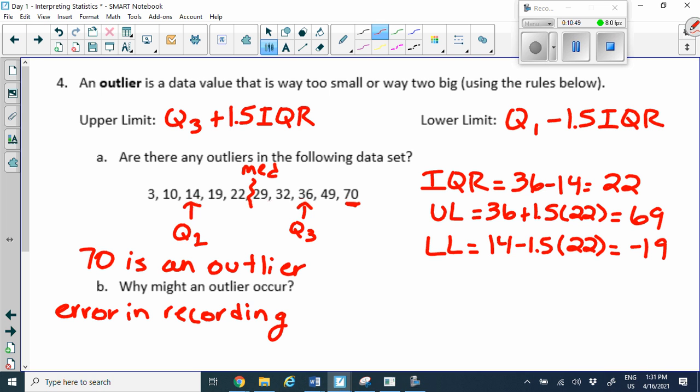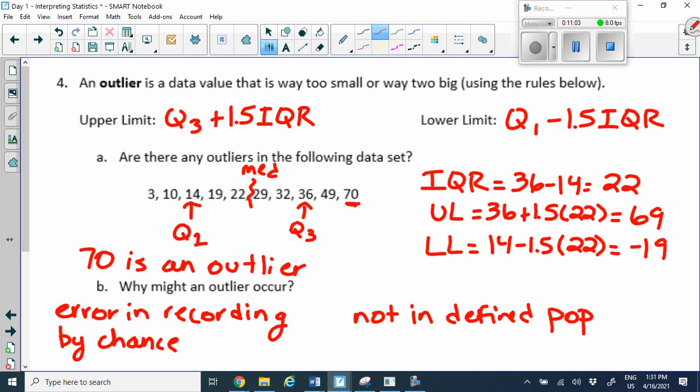It could be by chance. Sometimes you just get something that's either too high or too low. It happens. And sometimes it's not in the defined population. So there could be plenty of different reasons why we might get an outlier.